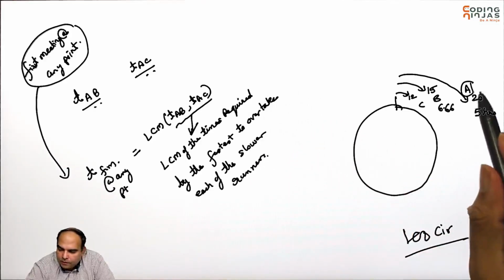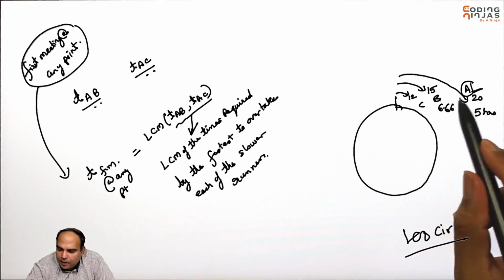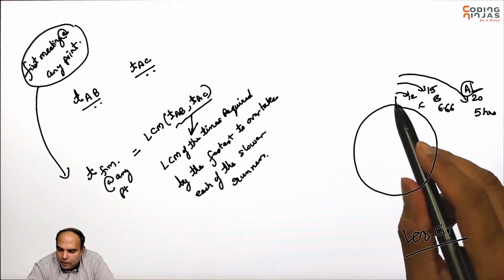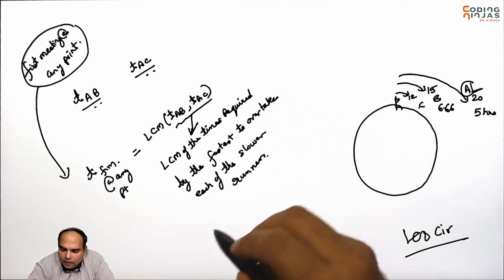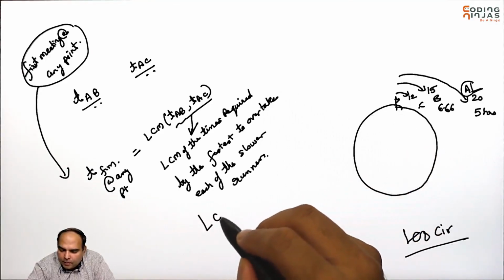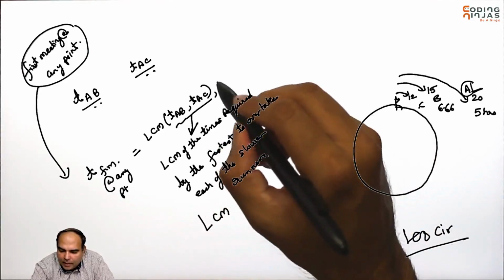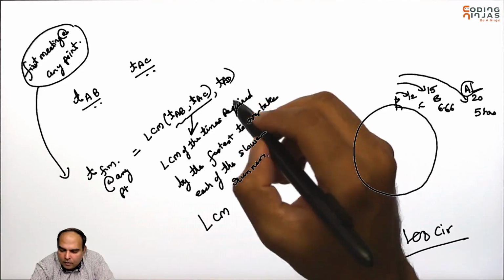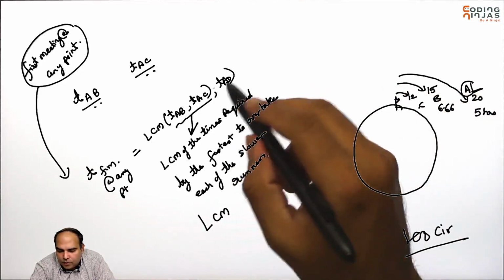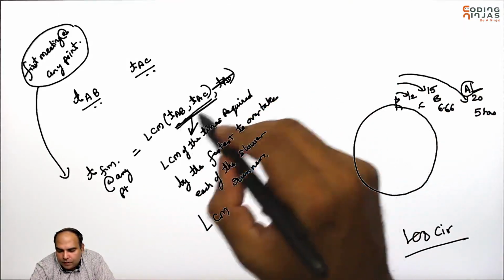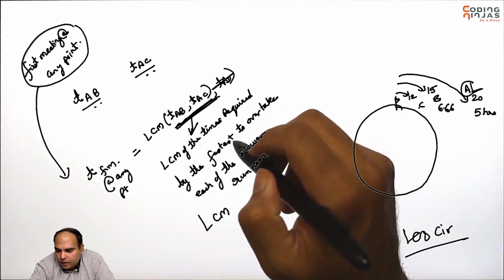A is the fastest here, so A overlapping B and A overlapping C. If there was a D also running here, then this would be the LCM of TAB, TAC and TAD. You'd have to add that if there was a D, but there's no D here, so it suffices to say LCM of TAB and TAC.